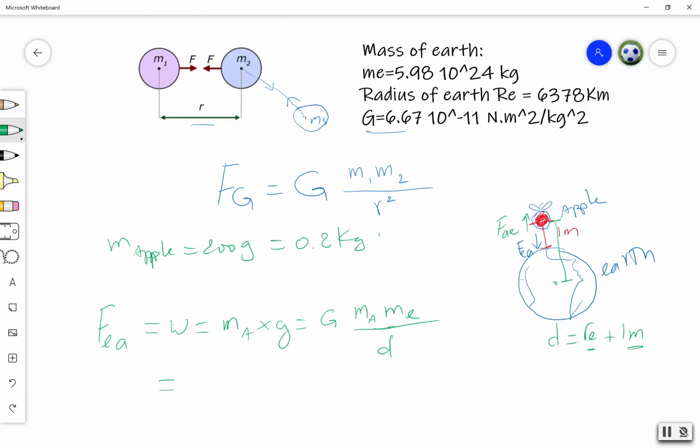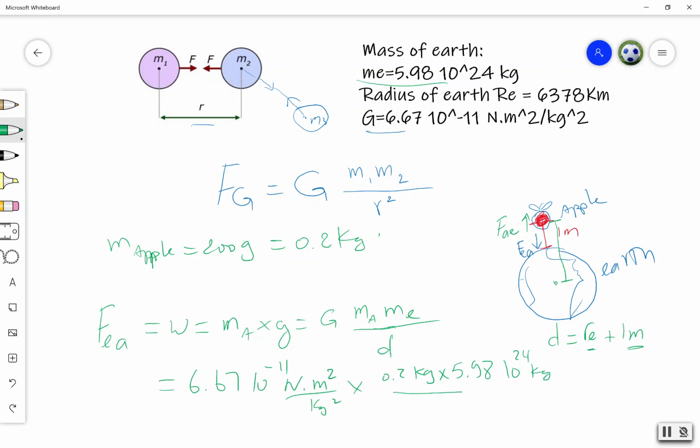This force equals G, which is 6.67 times 10 to the minus 11 Newton meter squared divided by kilograms squared. Very important to keep an eye on the units. Times the mass of the apple, 0.2 kilograms, times the mass of the Earth, 5.98 times 10 to the 24 kilograms.